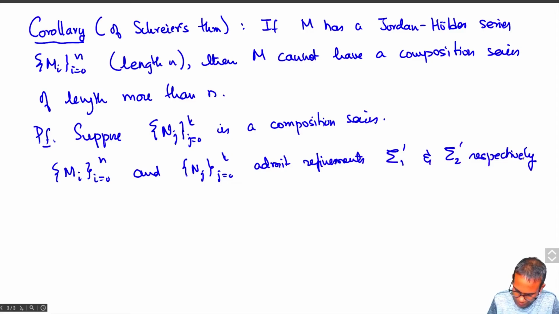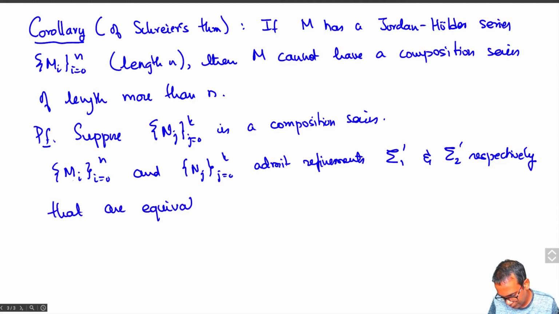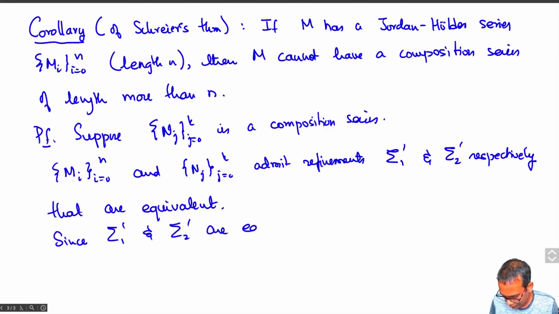So sigma 1 prime is a refinement of this Jordan-Holder series Mi, and sigma 2 prime is a refinement of this composition series Nj, that are equivalent. Since they are equivalent, they have the same number of non-zero quotients.